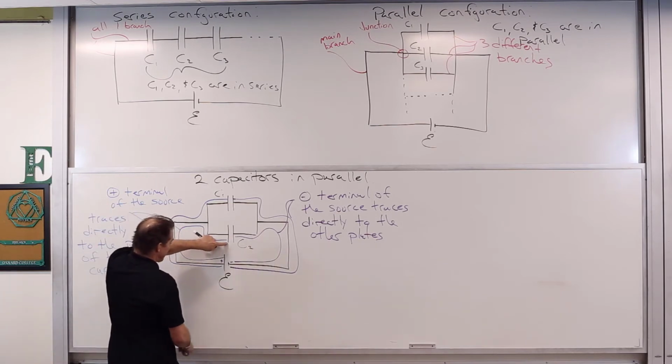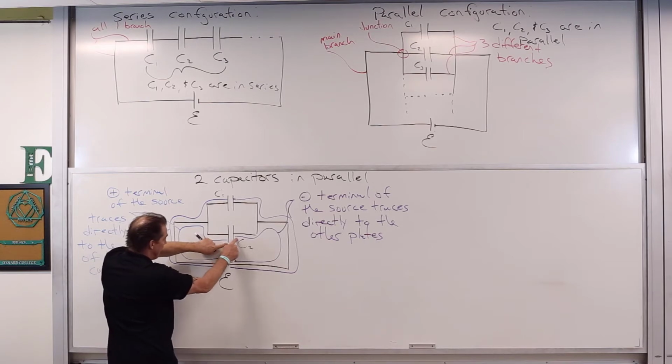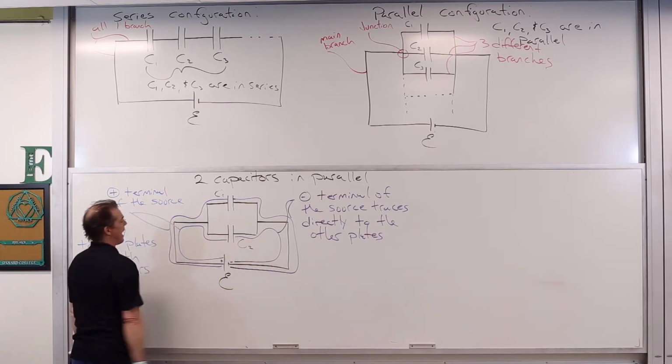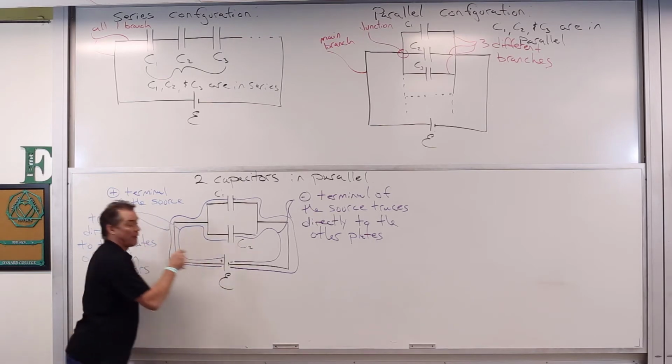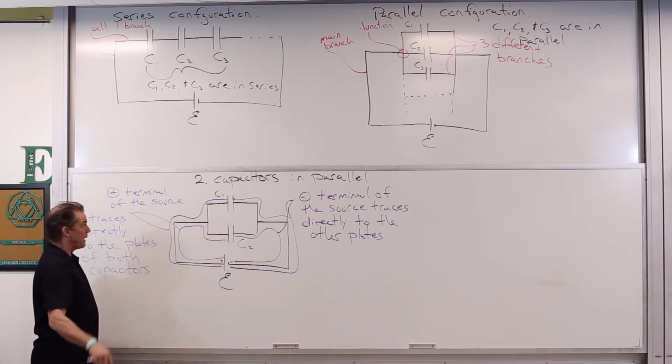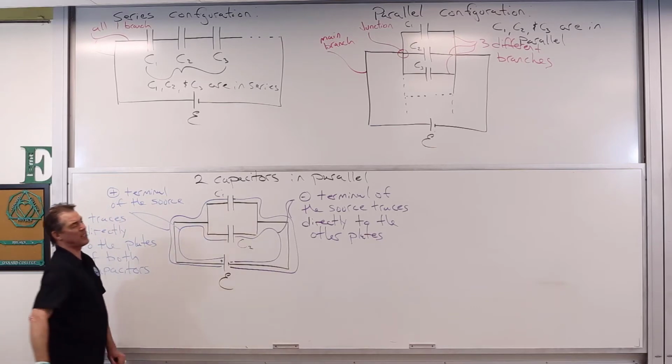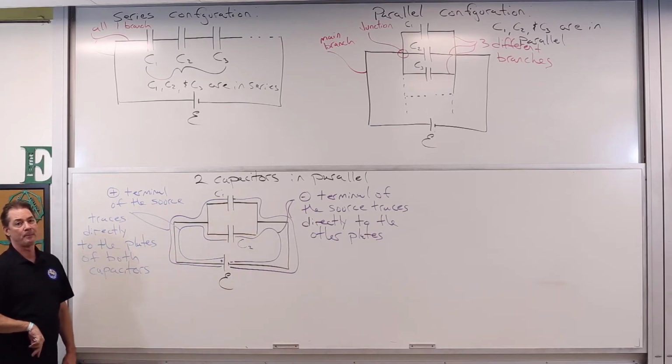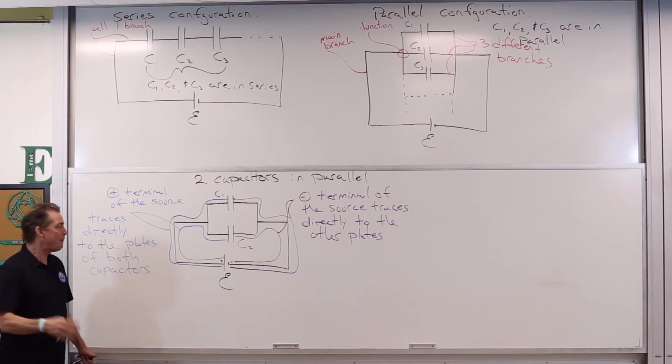Likewise, if this acts as an extension of the positive terminal and this plate acts as an extension of the negative terminal, the potential difference across this capacitor has to be that of the source, which means that the potential difference across each of these capacitors has to be the same. And that is always going to be the case when we have capacitors in parallel.